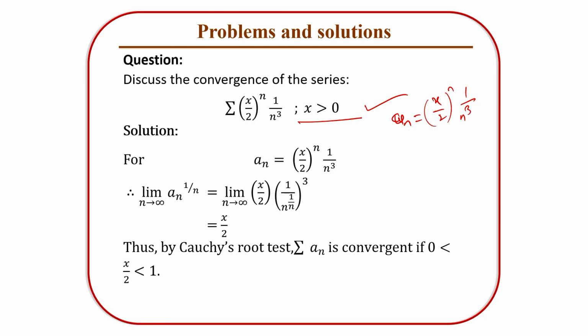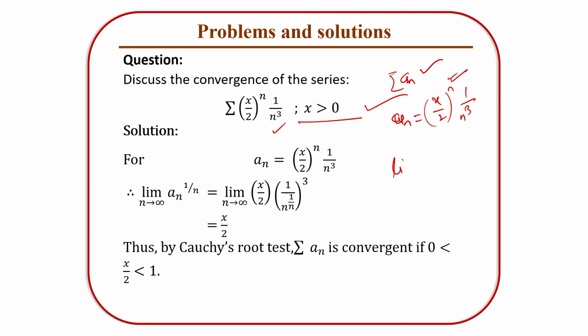This is the nth term of the series summation a_n, and we are going to test it. Obviously it contains powers and roots, therefore we are going to use the Cauchy root test.